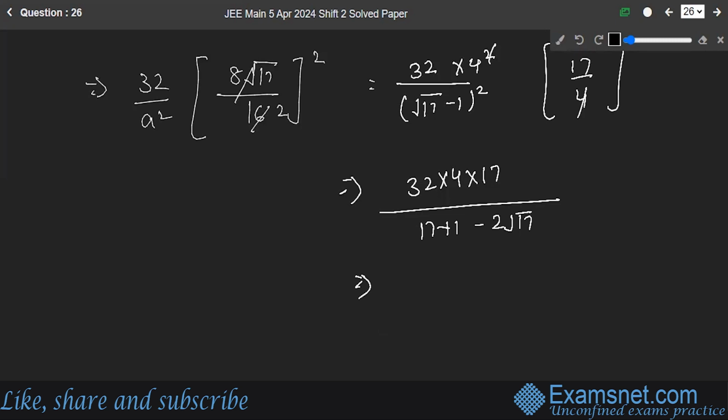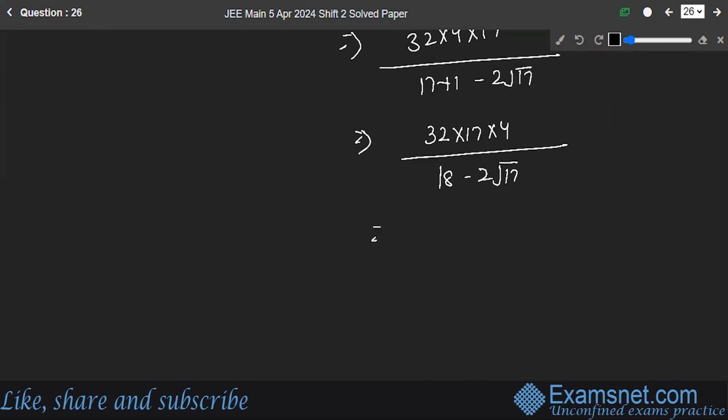Okay, so this is 32 into 17 into 4 upon 18 minus this, or this will be like taking 2 common from the denominator and cancelling the numerator. You will have 32 into 17 into 2 upon 9 minus this.